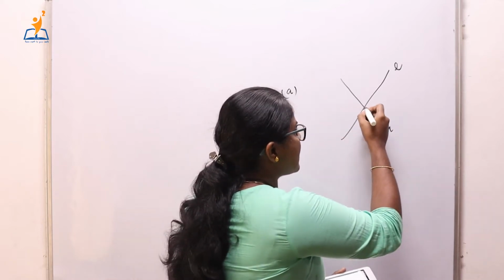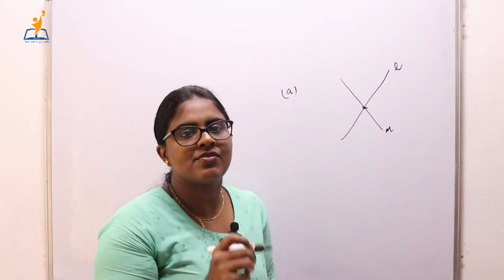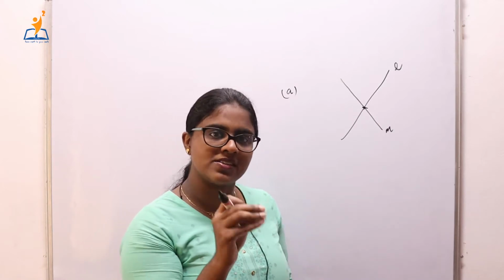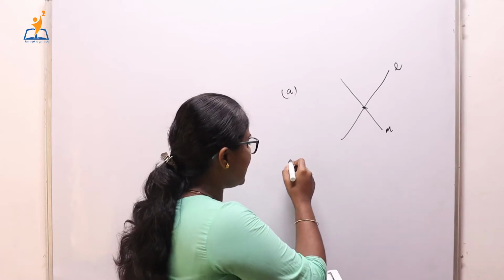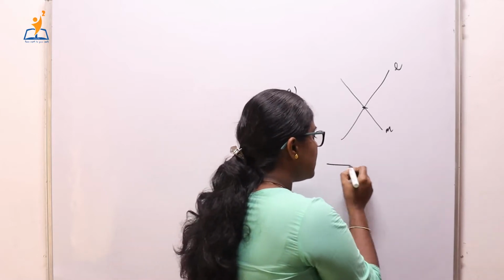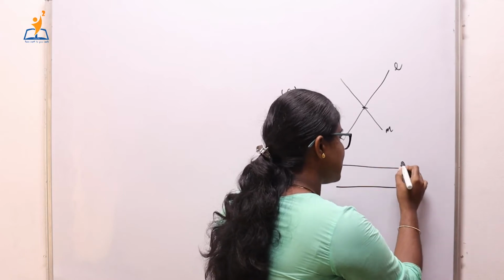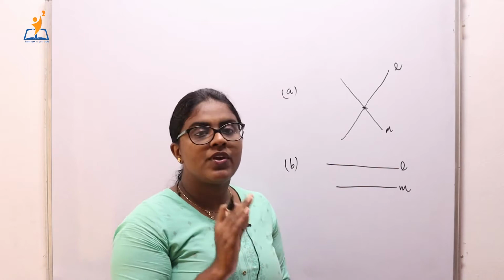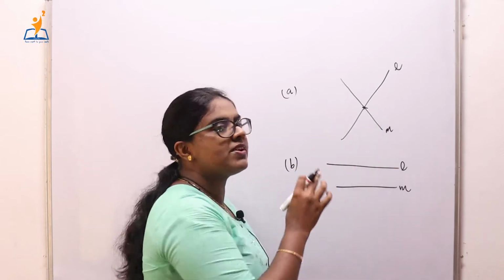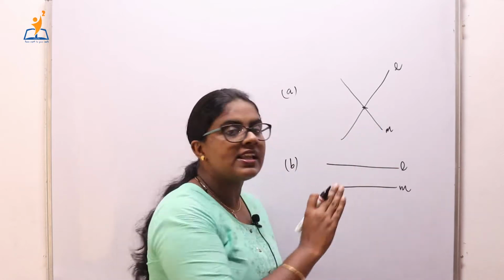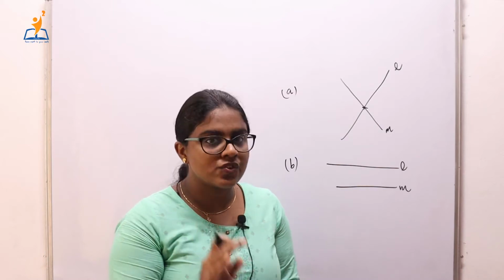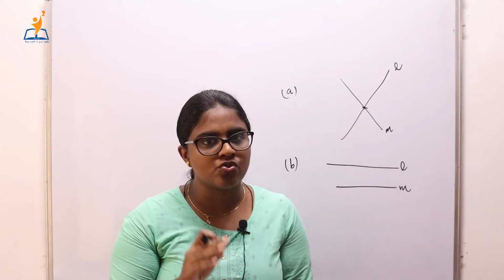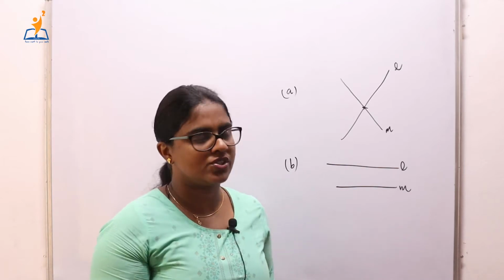If they intersect, the point of intersection will be the solution for that particular pair of linear equations in two variables. The second case is that the lines never intersect, which means they are parallel. Here the lines never intersect, so this pair of linear equations in two variables has no solution at all.